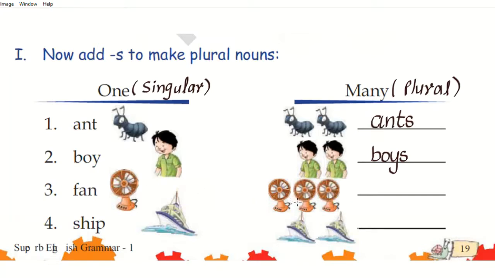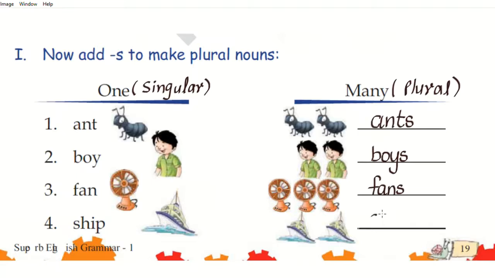One singular fan. Many plural fans. We will write fan and add s to it to make plural of fan, that is fans.